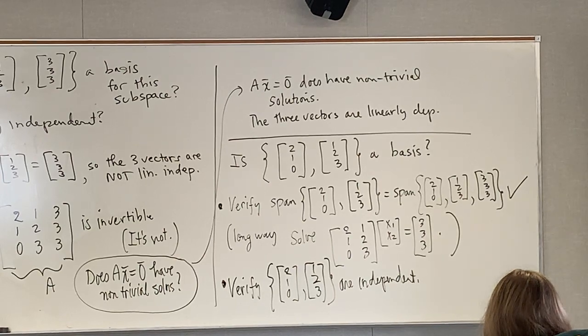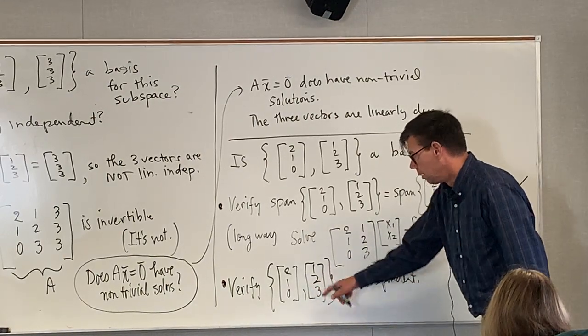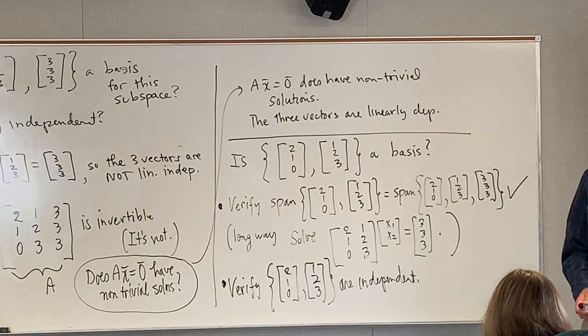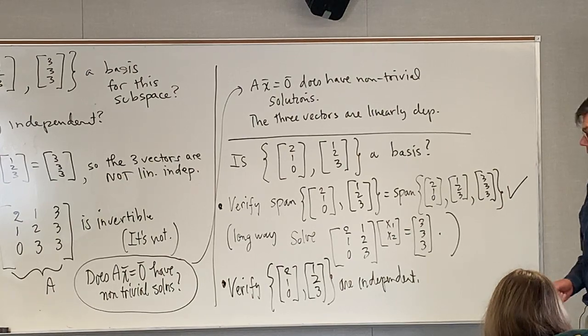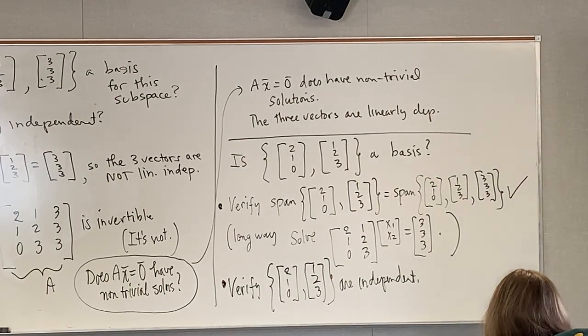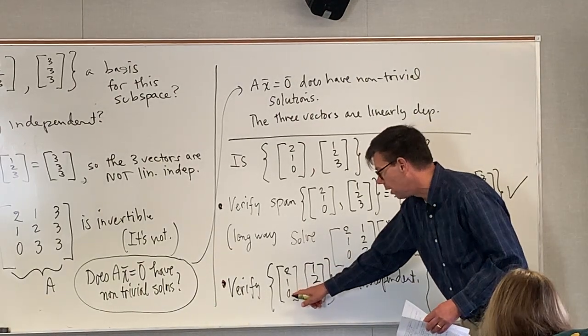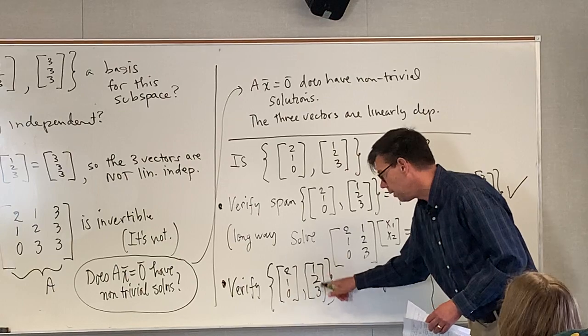There's sort of a long way and a short way here too. What's the short way? Everybody knows, right? Yeah, when we have two vectors, because just like Robin's saying, the only way they could be dependent is if one is a scalar multiple of the other. And there's no way to multiply 2, 1, 0 by a scalar to get 1, 2, 3.